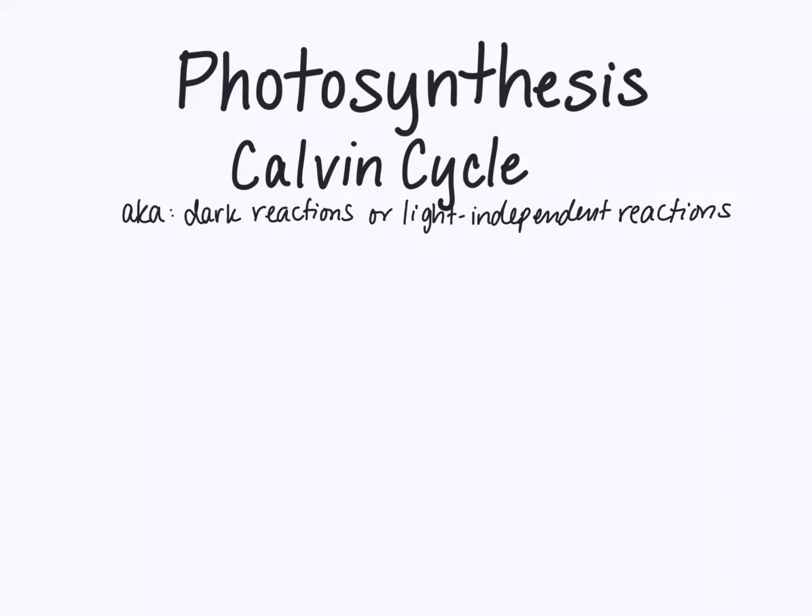So remember, in the light reactions, we produced ATP and NADPH, and those are needed in order for the Calvin cycle to occur. So indirectly, the Calvin cycle is still reliant on light energy because the light reactions have to occur first. The reactions of the Calvin cycle occur in the stroma of the chloroplast.